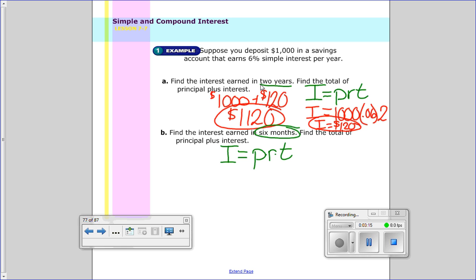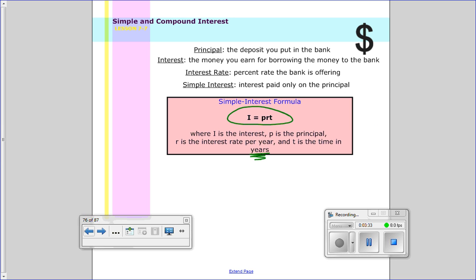So same idea. We don't know what the interest is yet, so it stays as I. My principal is still $1,000. My rate is still 6/100ths or 6%. Now my time. If you remember, I just underlined something on the previous page where I talk about T is the time in years.